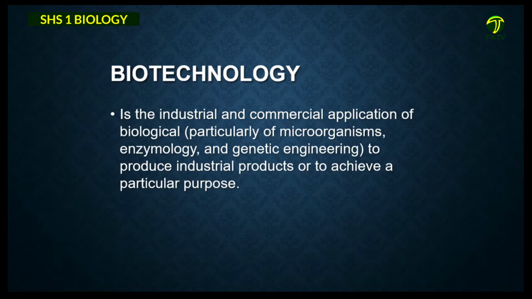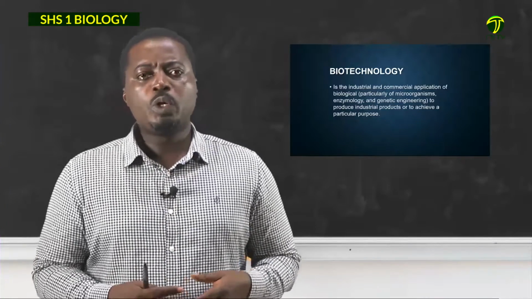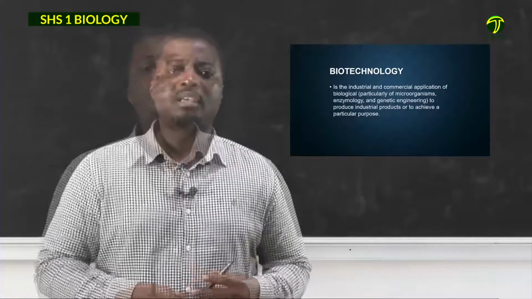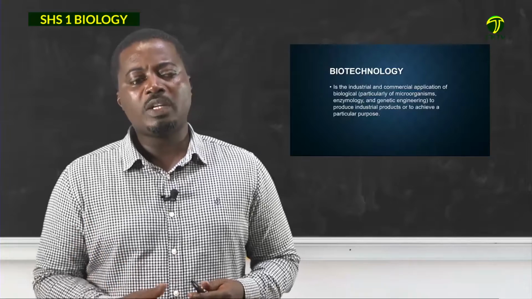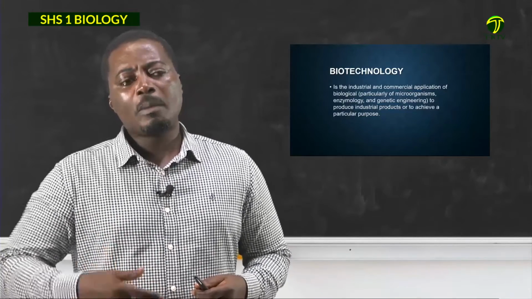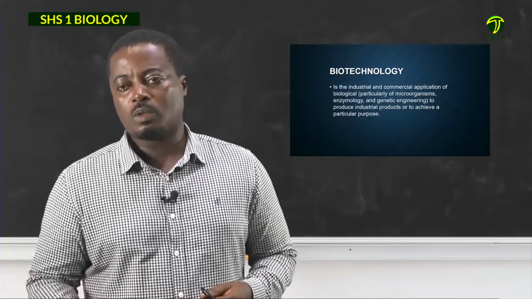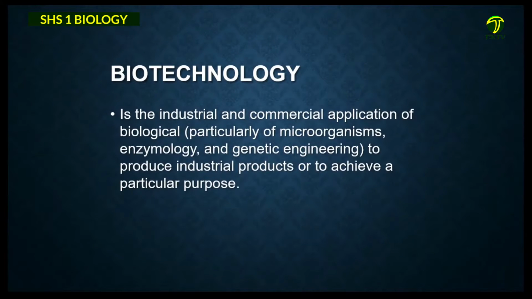What does it basically mean? Now, in industry, we use microorganisms that can help you, let's say fungus, bacteria, and other useful bacteria, that help you to ferment food, milk, and other things to produce yogurt, to produce cheese, and so many things. You can also use enzymes and genetic engineering processes.